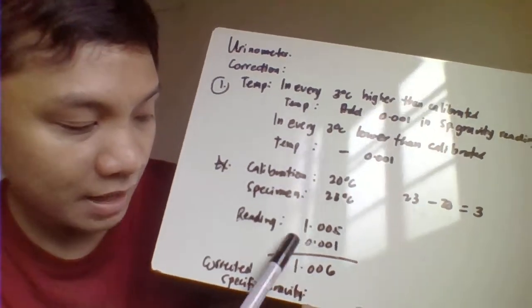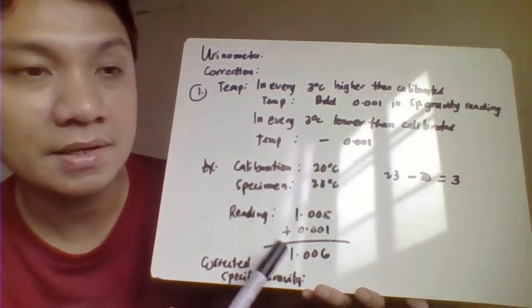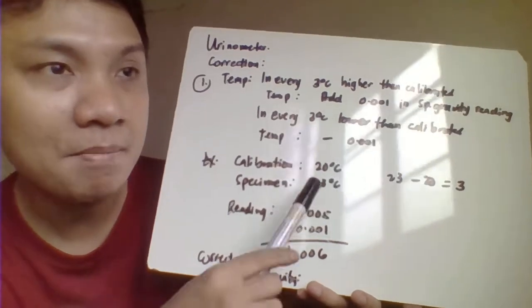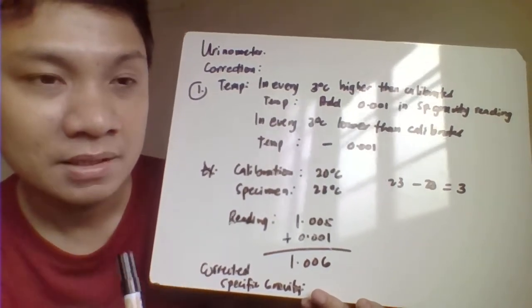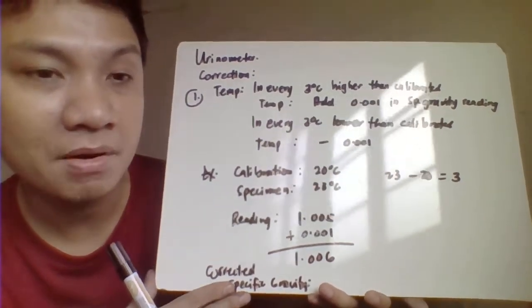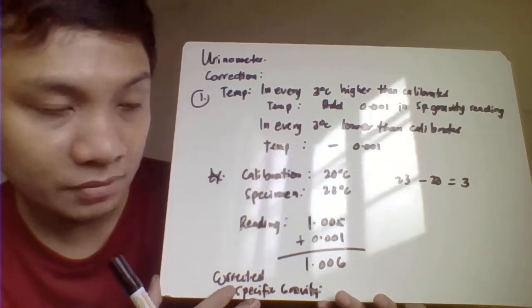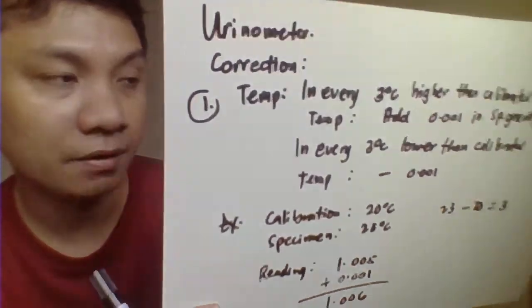So your specific gravity reading should be 1.006 as your corrected specific gravity. On the other hand, if it is 3 degrees Celsius lower than the calibrated temperature of the manufacturer, then you need to subtract 0.001 from your urinometer's specific gravity reading.